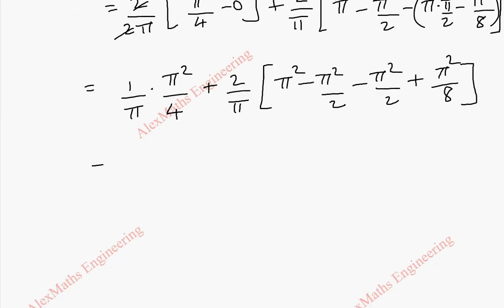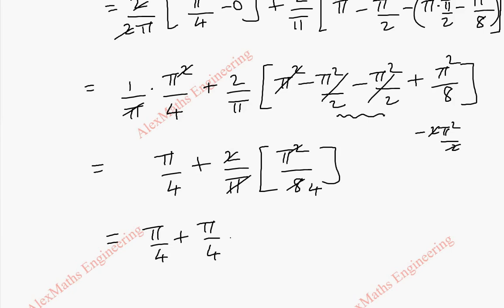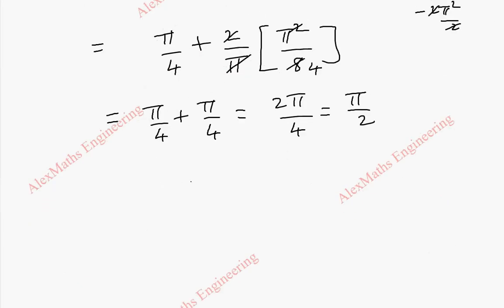Now this becomes pi by 4 plus 2 by pi, and when I take the LCM, the pi square and minus pi square get cancelled. We are left with pi square by 8 alone. We can cancel these two, and we can cancel these two. So finally we have pi by 4 plus pi by 4. By taking LCM, it is 2 pi by 4, and this is pi by 2. Therefore the value of a0 is pi by 2.